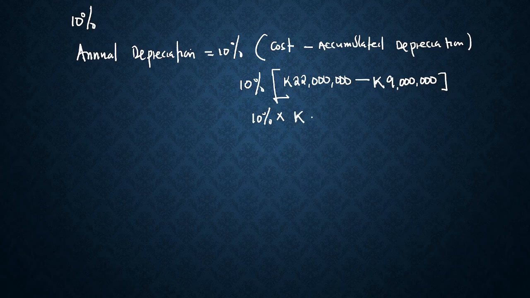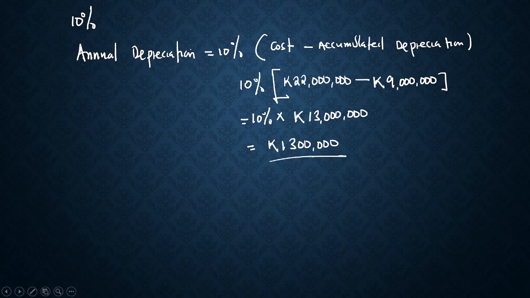So the difference there is going to be 13 million. What's 10% of the 13 million? So 1.3 million. Questions?